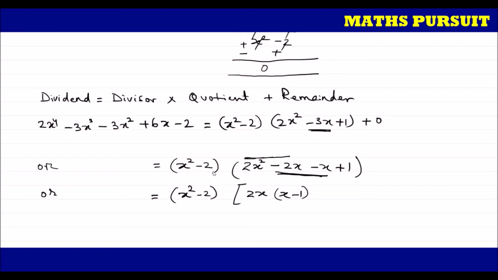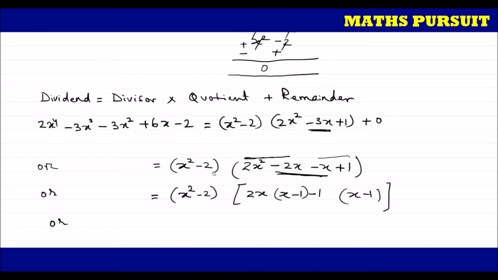So 2x into x is 2x to the power 2, 2x into minus 1 is minus 2x. So that is correct. Now I will write x minus 1 as it is, and here we require minus x. That means if I multiply minus 1 with x, we will get minus x, and minus 1 into minus 1 we will get plus 1.